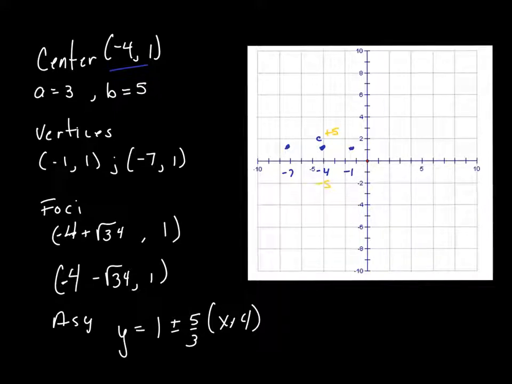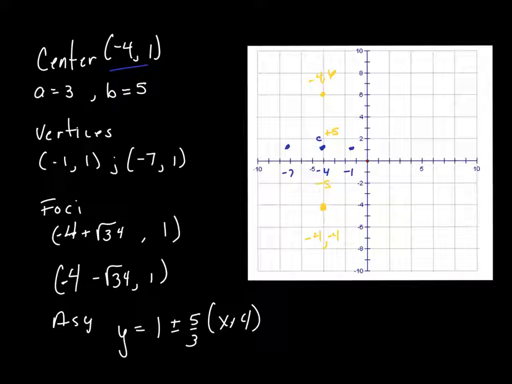When I'm doing this, I'm keeping my x value the same, and my y value is changing. So I am going up 5. If I go up 5, that's going to give me -4, 6, which will be right here. And if I go down 5 from here, that's going to be -4, -4, which will be right here.